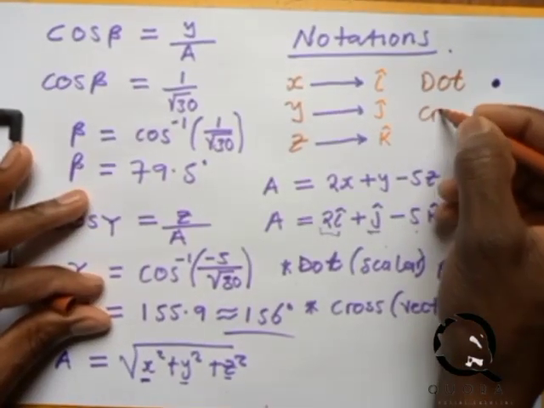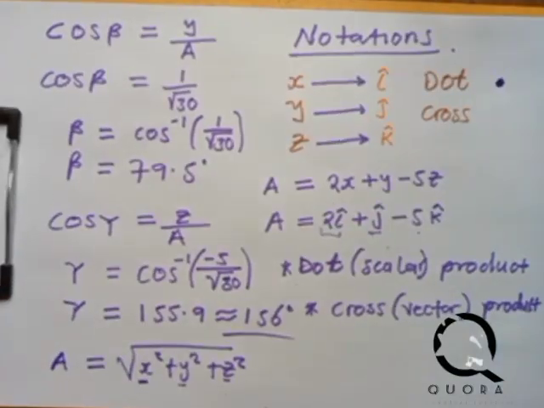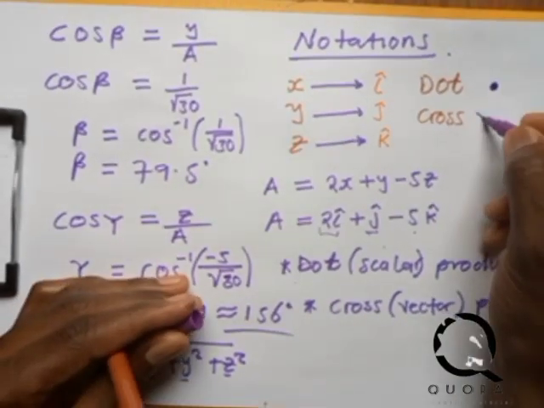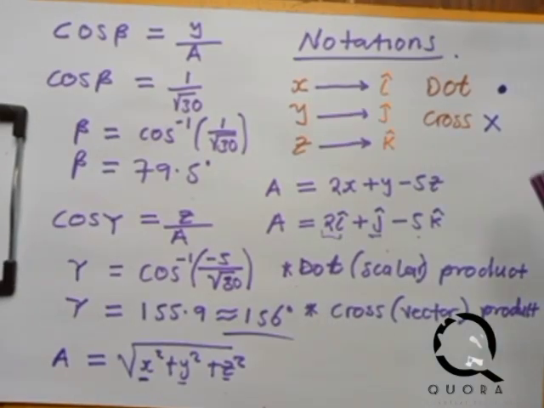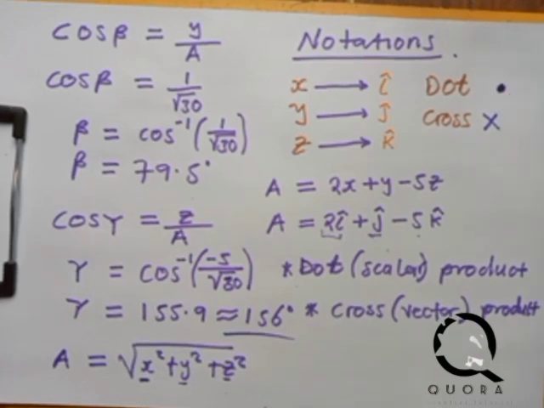For cross product, we have to use the cross symbol. Okay, so these two symbols both mean you have to multiply the vectors. But how do we multiply? We multiply vectors in different ways if we are using dot and cross. This is what I want to show you today.